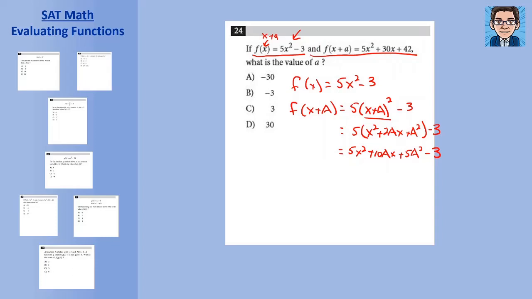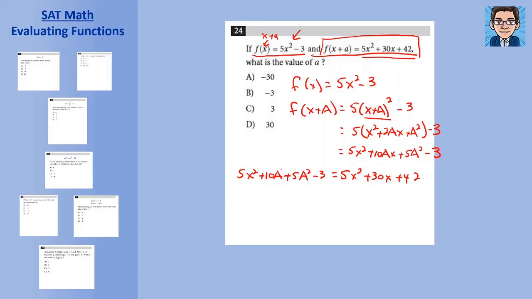Now, this second equation, f of x plus a equals this. So then we're going to set these two equal to each other. So what we just calculated was 5x squared plus 10ax plus 5a squared minus 3, and that's got to equal this other one, 5x squared plus 30x plus 42.